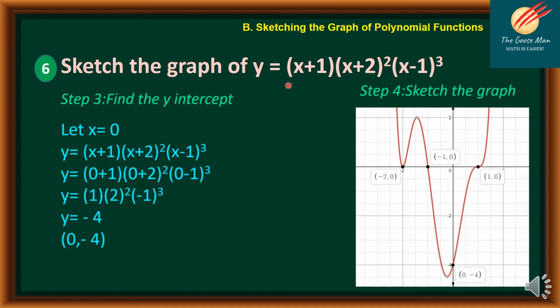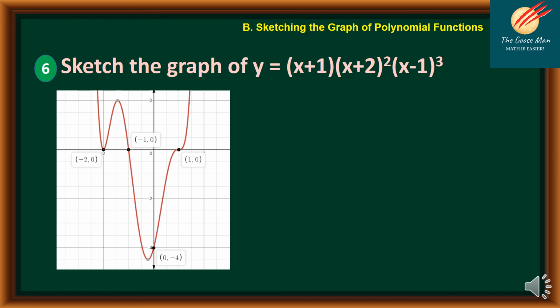Take note that 4 is less than the highest exponent of 6. Also, a polynomial function of nth degree cannot have more than n roots. So the highest exponent is 6, so we cannot have more than 6 roots.